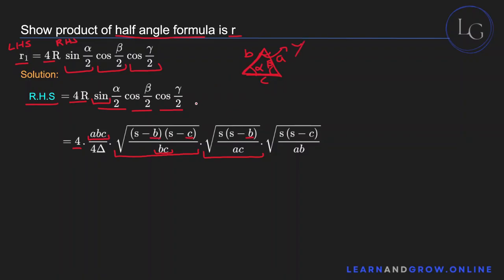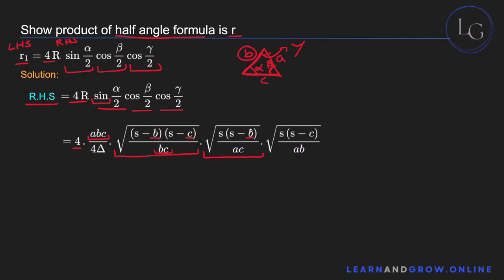Now you can clearly see that cos beta by 2, the cos of half of this angle, is equal to S into S minus B over AC. B is the opposite side to the angle beta. A and C are the sides that make up the angle beta, right?